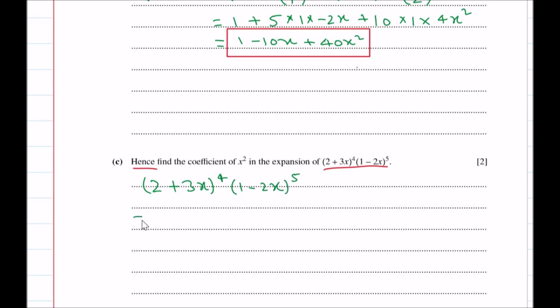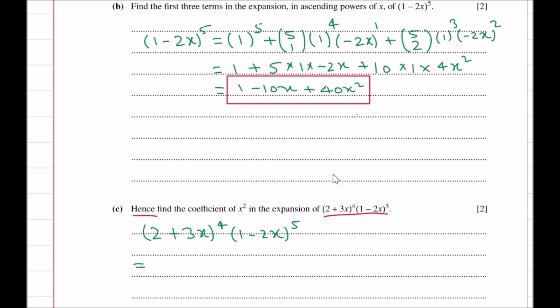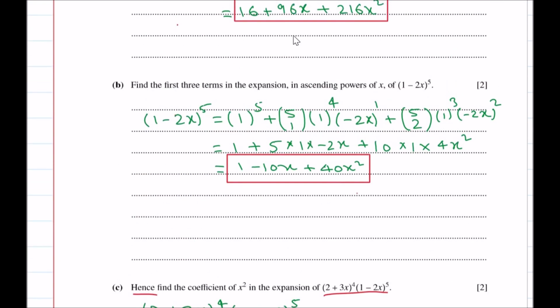Now (2 plus 3x) to the power 4 is already expanded, and we have got 16 plus 96x plus 216x square. So we'll write these three terms there.